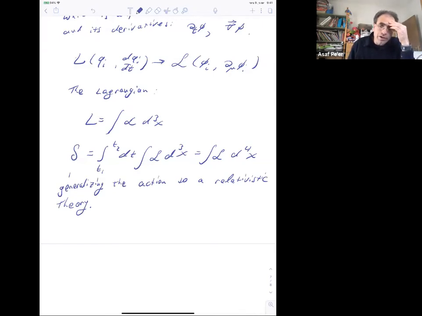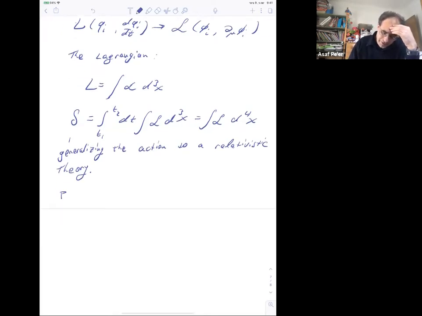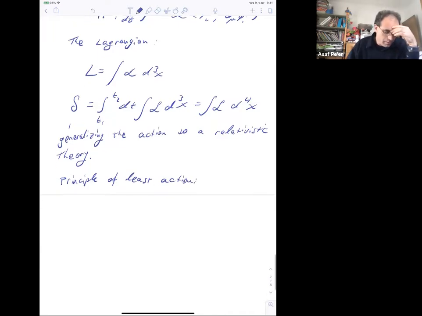Now we can look at the principle of least action. So let's apply the principle of least action. And what we're going to get is a relativistic analog to the Euler Lagrange equation.